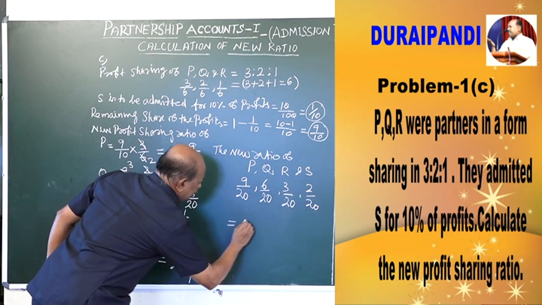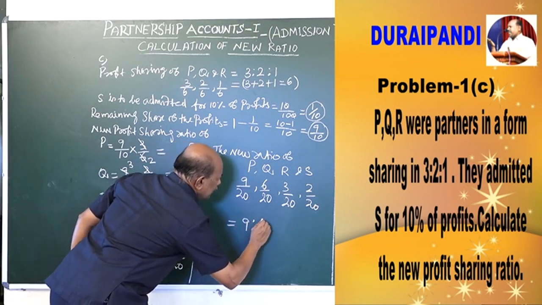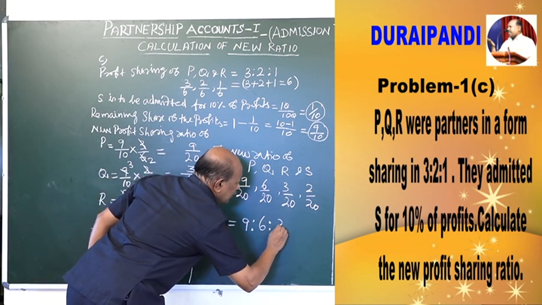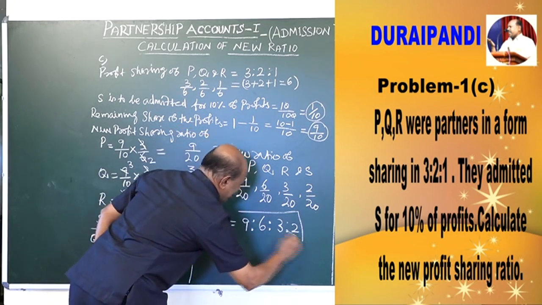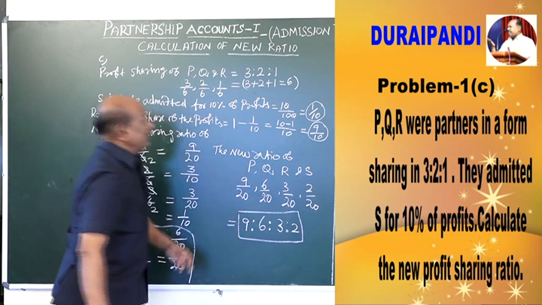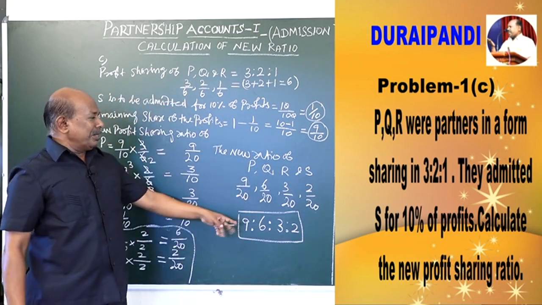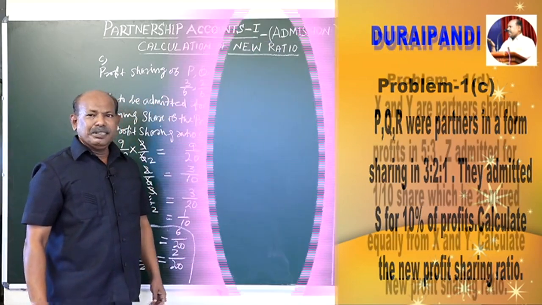That is equal to 9:6:3:2. That is the new profit sharing ratio among the partners P, Q, R and S.